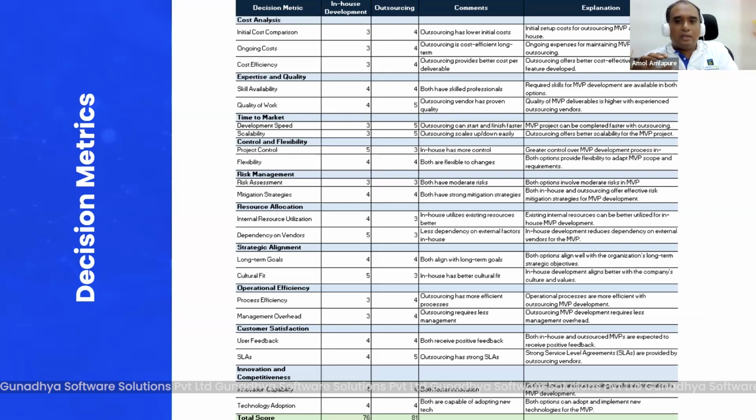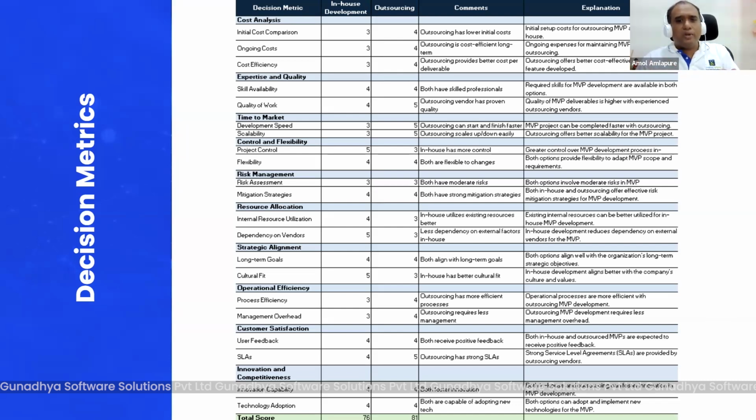Initial cost comparison: initial cost is always higher for in-house than outsourcing, so I have put 3 for in-house and 4 for outsourcing. Now ongoing cost: in the case of outsourcing, it is fixed, as in you have the fees discussed. Whereas it could vary in-house. Let's say somebody leaves and you take on a higher-salaried employee, then it's going to go up.